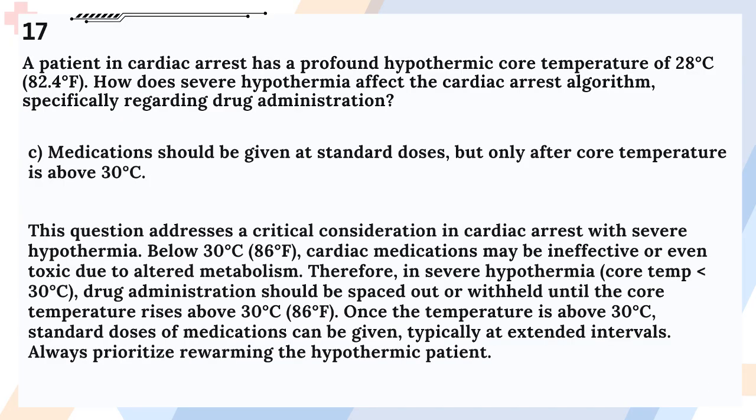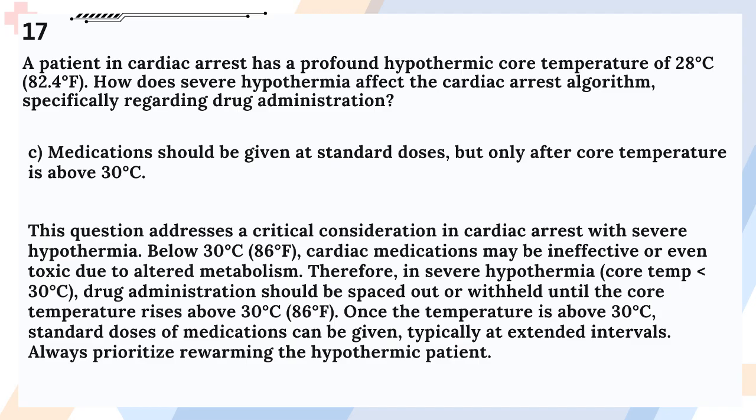Answer: C. Medications should be given at standard doses, but only after core temperature is above 30 degrees Celsius. This question addresses a critical consideration in cardiac arrest with severe hypothermia. Below 30 degrees Celsius (86 degrees Fahrenheit), cardiac medications may be ineffective or even toxic due to altered metabolism.